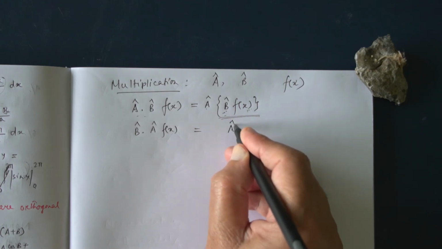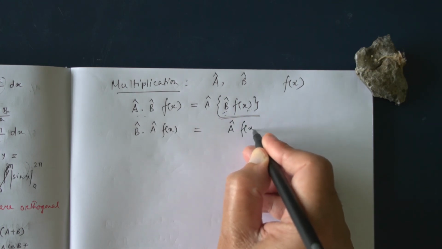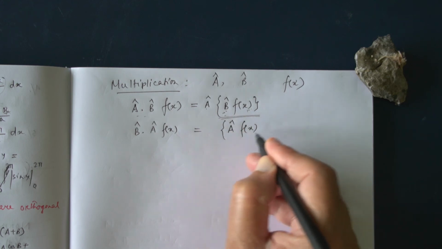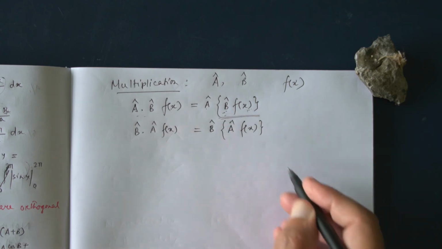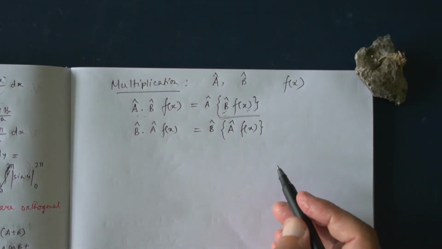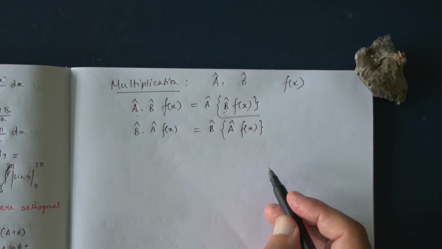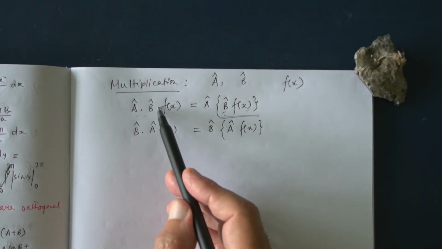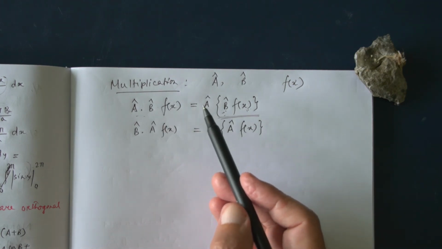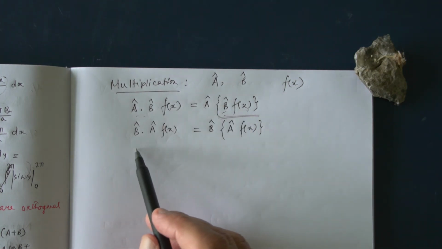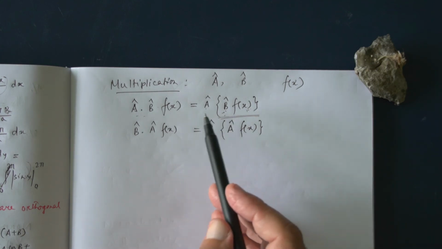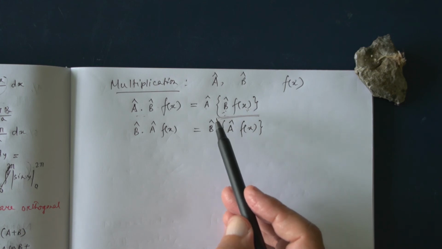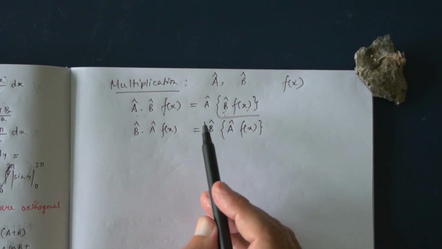We operate the function by A first, and whatever result we get, that is operated upon by B. Okay? So multiplication means order. First by which operator, then by which operator. That order.